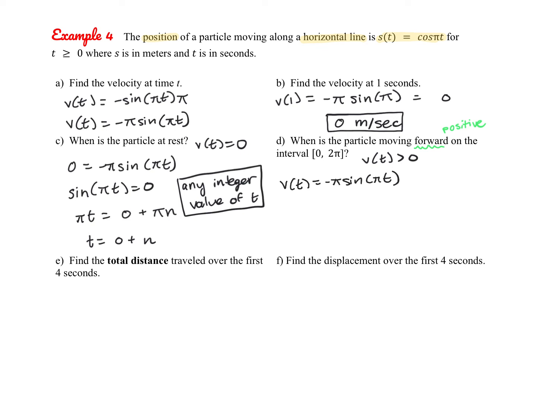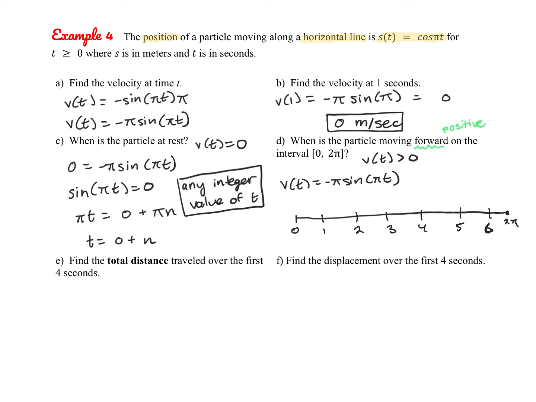And we're going to essentially evaluate the sign of our function over any of our x-intercepts, which we found here. So our x-intercepts would be at 0, 1, 2, 3, 4, 5, and 6. And then just after 6 is where 2 pi is.